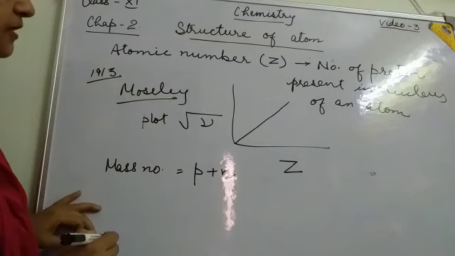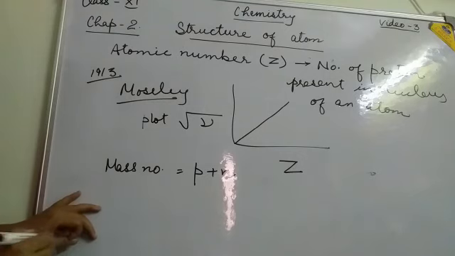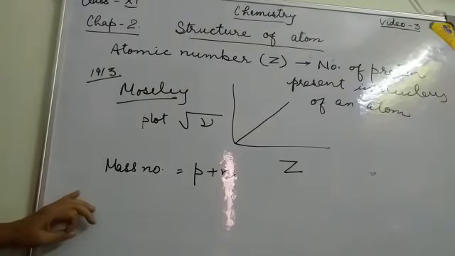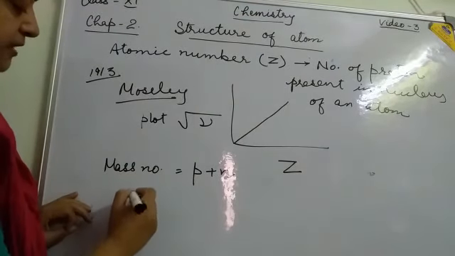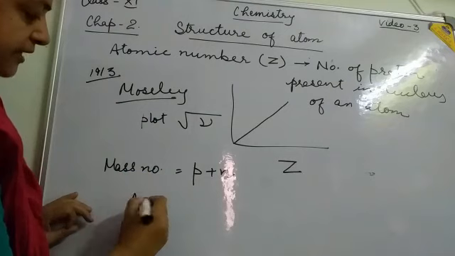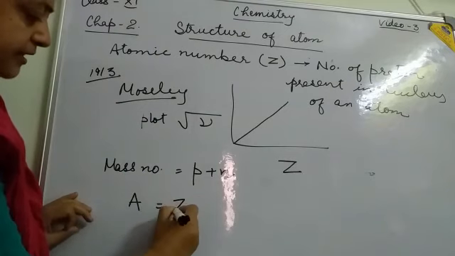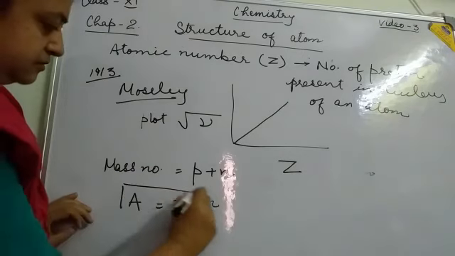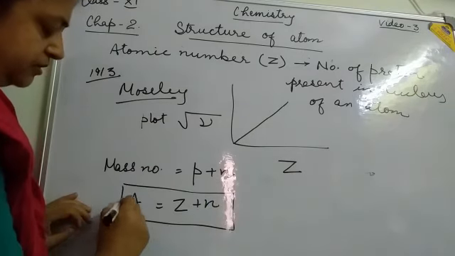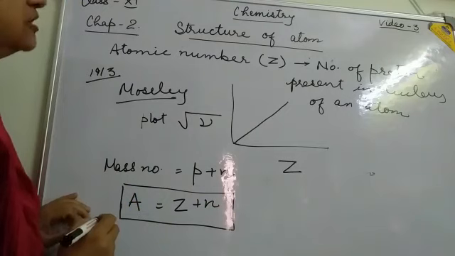So mass number is the number of protons and neutrons present in an atom. We can write mass number as A, and the number of protons as Z. So to calculate the number of neutrons or the mass number, we can use this formula.